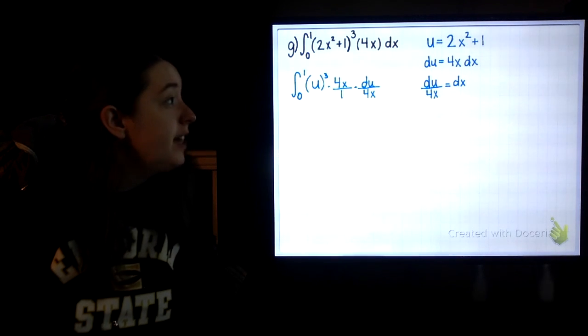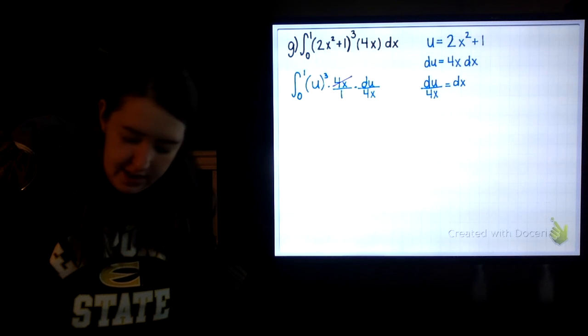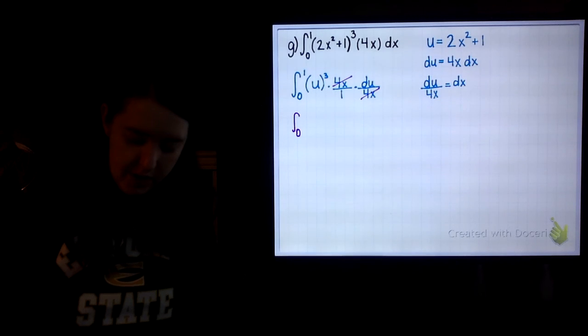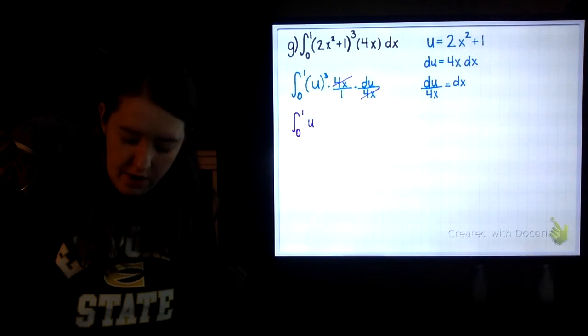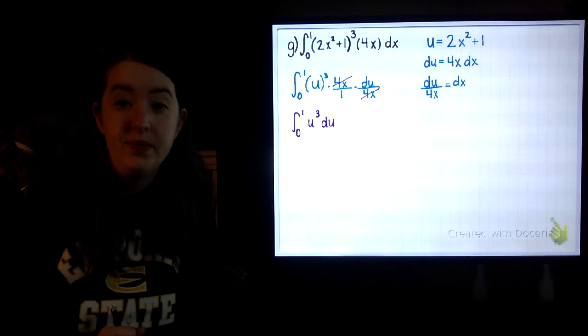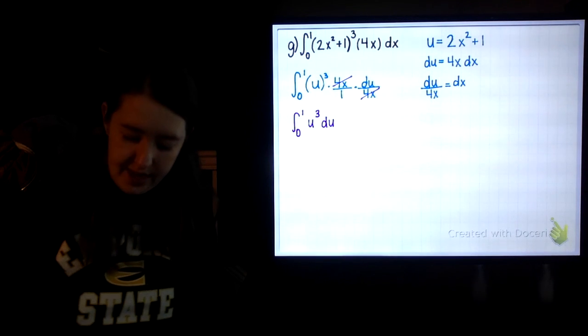So here's what we've got right now. My 4x's can cancel out. And now I just have the integral from 0 to 1 of u cubed du. So now we'll take the integral.